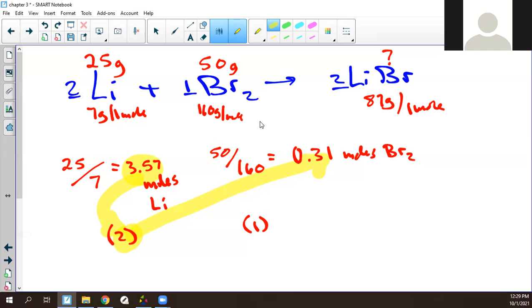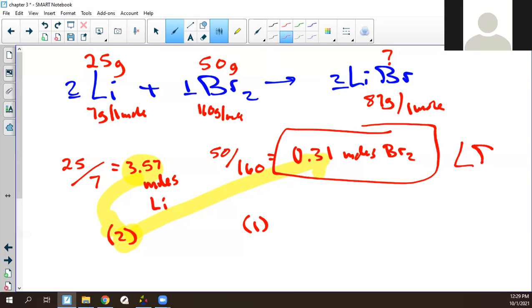So if the answer is yes, then the thing that had the smaller coefficient is your limiting reactant, because you always frame your question on the big one. Is 3.57 twice as big as 0.31? Yes. So that means your bromine must be your limiting reactant.